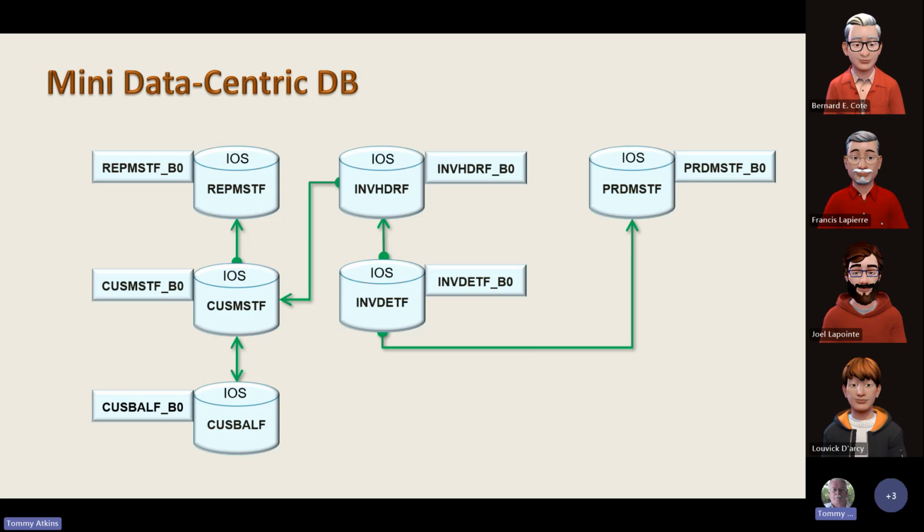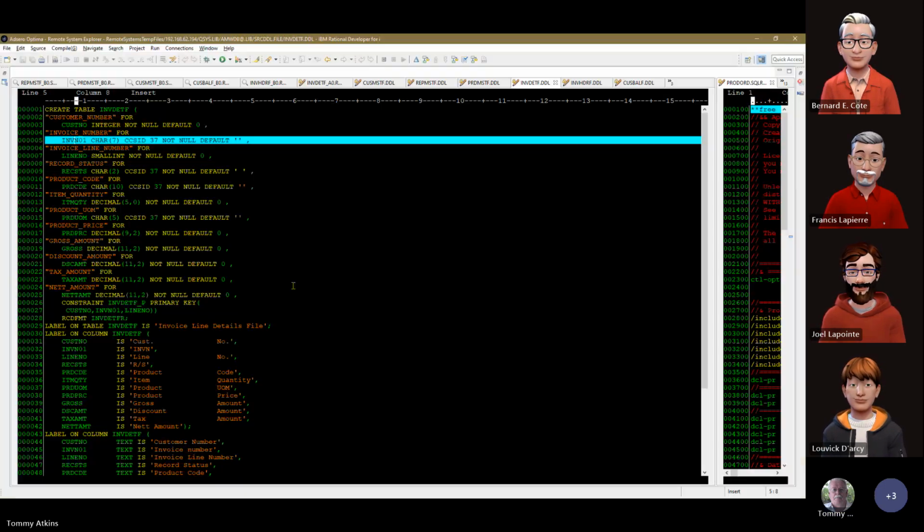And I want to go through the code now of each of these before triggers, because this is where the data centricity begins to kick in, where the trigger programs are starting to do a heck of a lot of work for the database. So let's look at them one at a time.